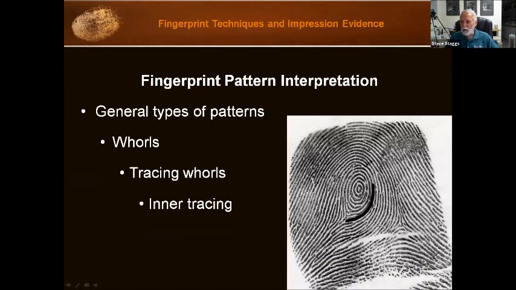All right, so here we have a tracing. So we go ahead and we find the left delta. Here's the right delta. Okay, left delta, right delta. So we start tracing the ridge between this delta and the other.